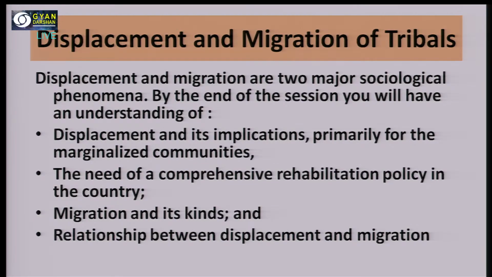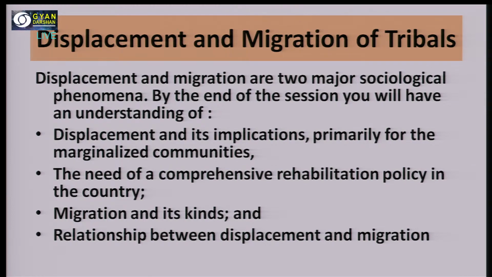Now, talking about the migration aspect, large-scale migration of the tribals, let us look at the displacement and migration of tribals. Before we go into this, we have heard about who the tribals in India are and what their characteristics are.